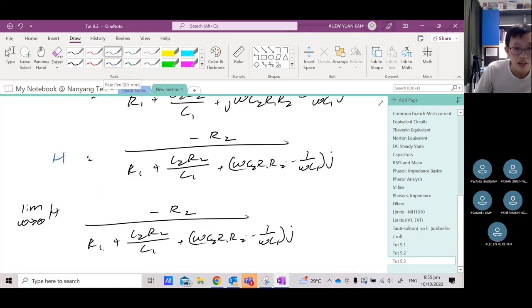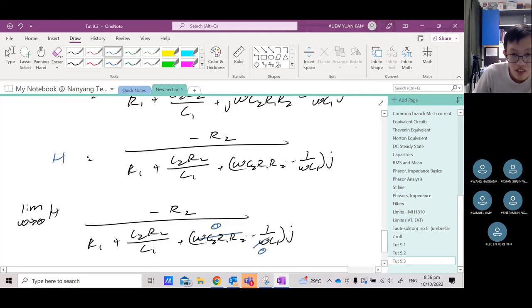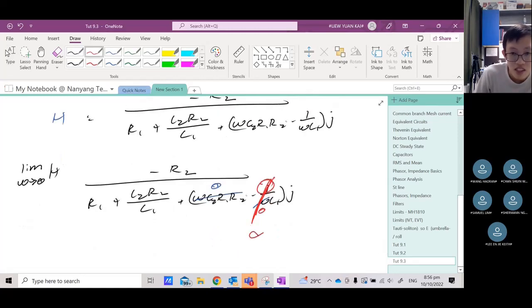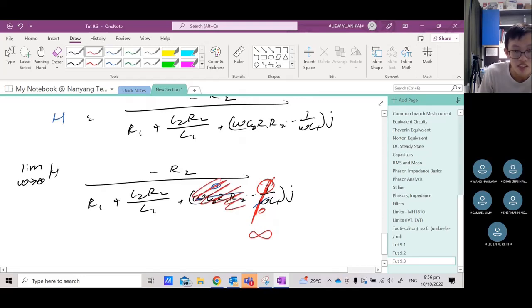So as omega approaches 0, where is our omega? Our omega is here, our omega is here. As omega approaches 0, this thing goes to 0, right? 0 times something is equal to 0. Then as this goes to 0, all of this, see, 1 divided by 0 is infinity. So this whole thing will go to infinity, right? So you see this one already disappears because it's 0.